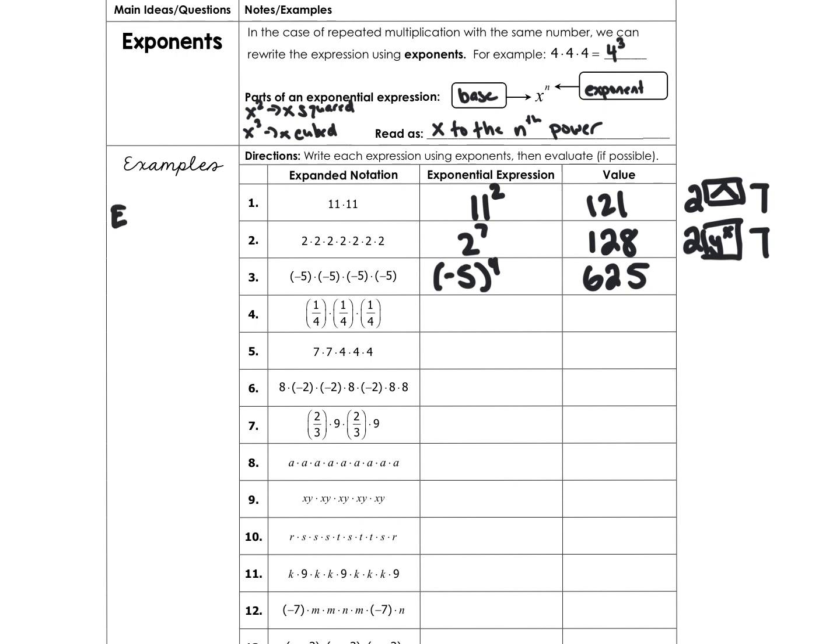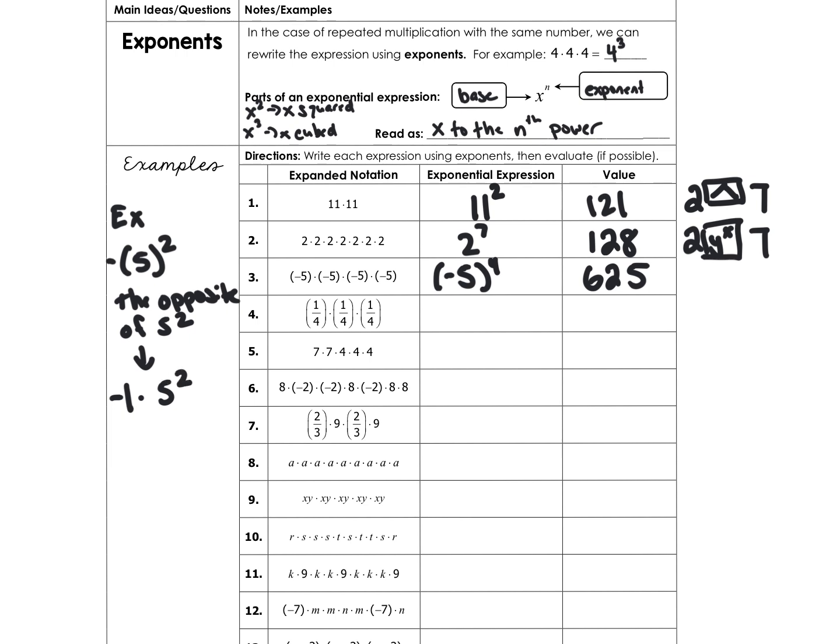If you were to see an example like this, what this means is basically the opposite of 5 to the 2nd power, or negative 1 times 5 to the 2nd power.